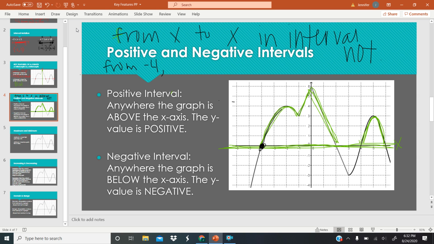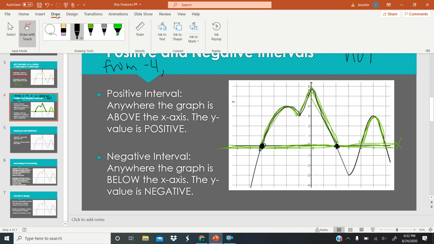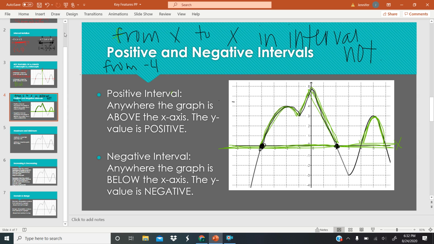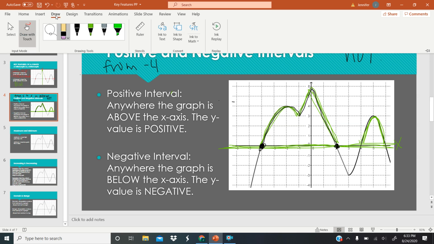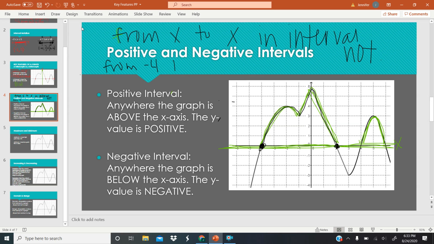So we're going to start at -4 and start going across this graph. And then right here is where it dips below the axis again. So that's at 2. So we went from -4 to +2. So the way that you're going to want to write that is you're going to open up a parentheses, and you're starting with that lower number of -4, going to 2.